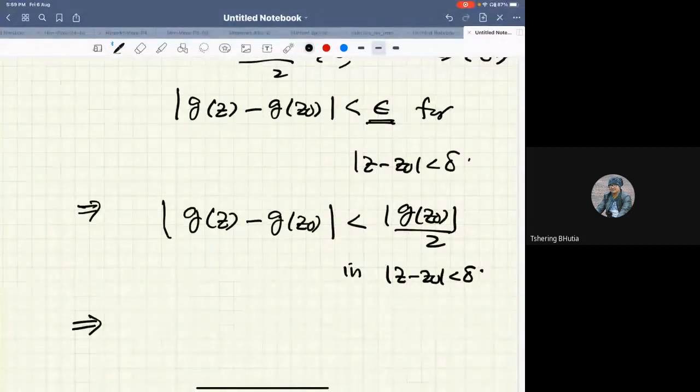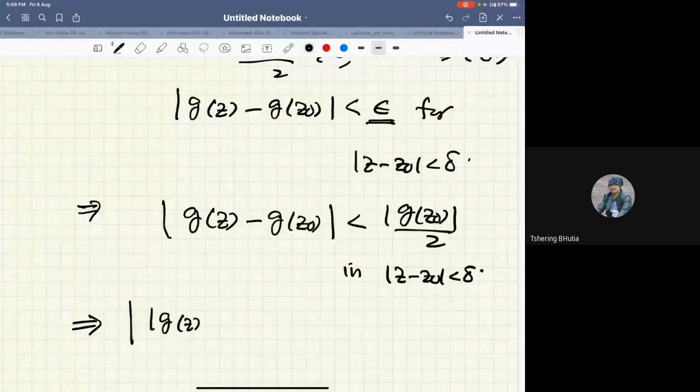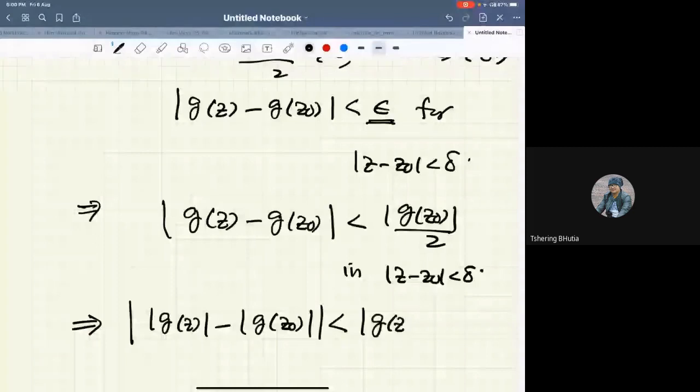Can I write modulus of g of z minus modulus of g of z0 is less than or equal to modulus of g of z minus g of z0?